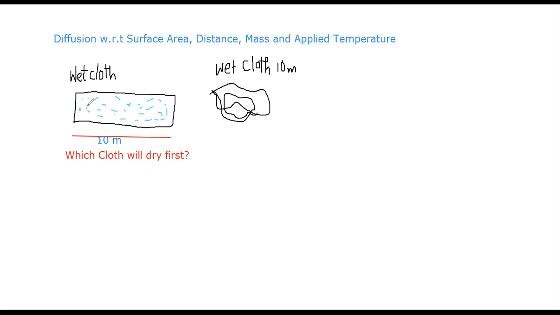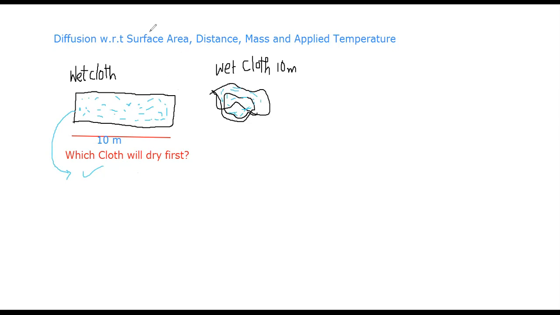These are the water droplets. It also keeps the water droplets, but it is spread out, it covers more surface area. The answer is this cloth. Why? Because it has more surface area.